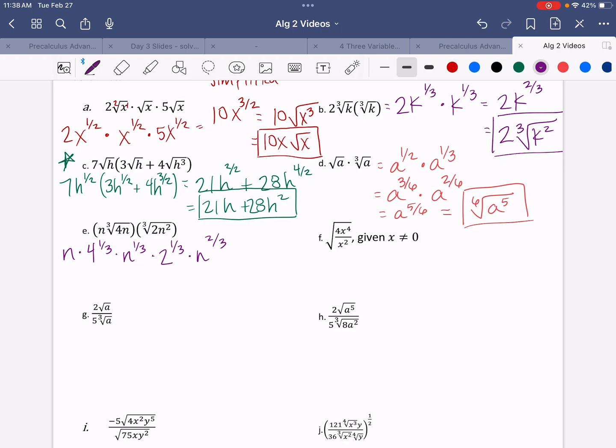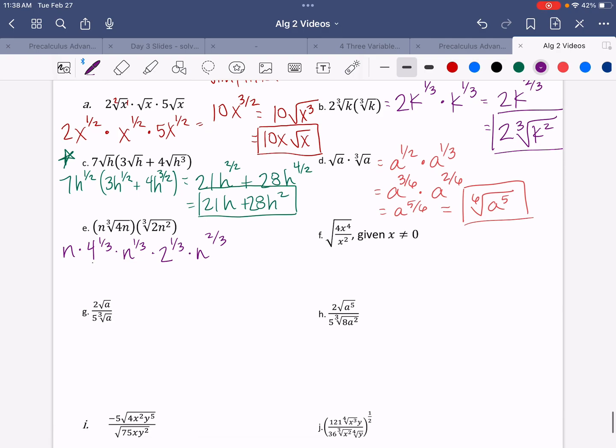Okay, so if we look at our coefficients, 4 to the 1/3 and 2 to the 1/3, since they have the same exponent, I could multiply them and say this is going to be 8 to the 1/3. And then if I go add all of these exponents, I'm going to put 3/3, so it's 1 plus 1/3 plus 2/3.